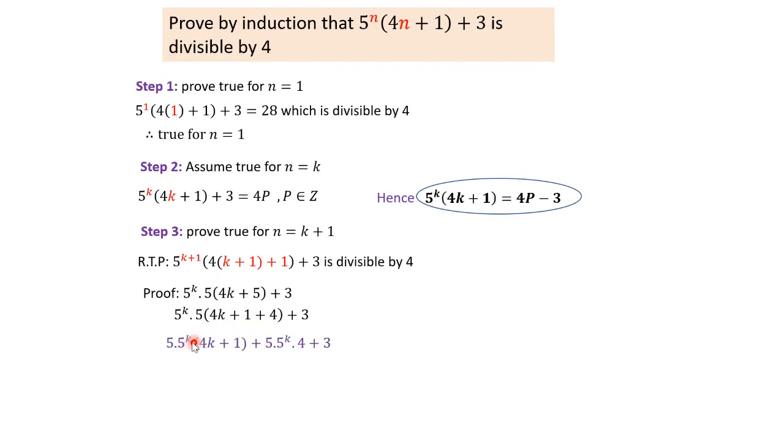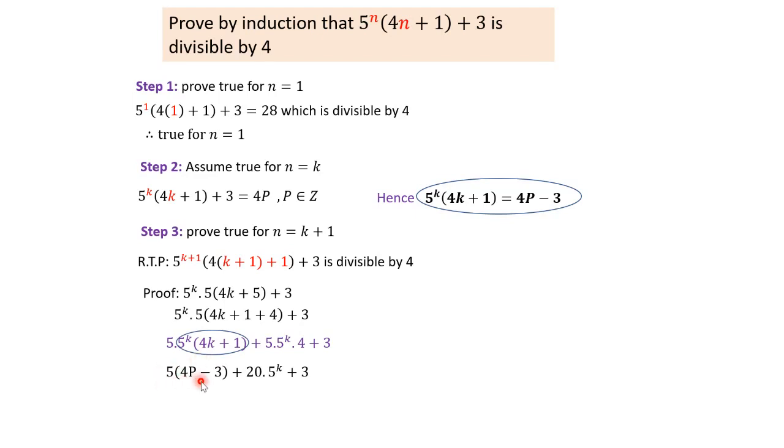So I'm going to have 5 times 5 to the k times 4k plus 1, plus 5 to the k times 5 times 4, plus 3. The reason I want to do that is because I've now made something in my proof look like something from step 2. So I can now replace the 5 to the k and the 4k plus 1 with 4p minus 3.